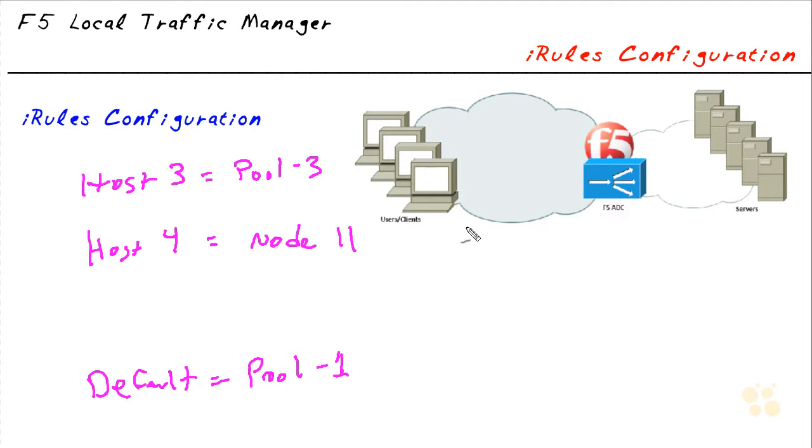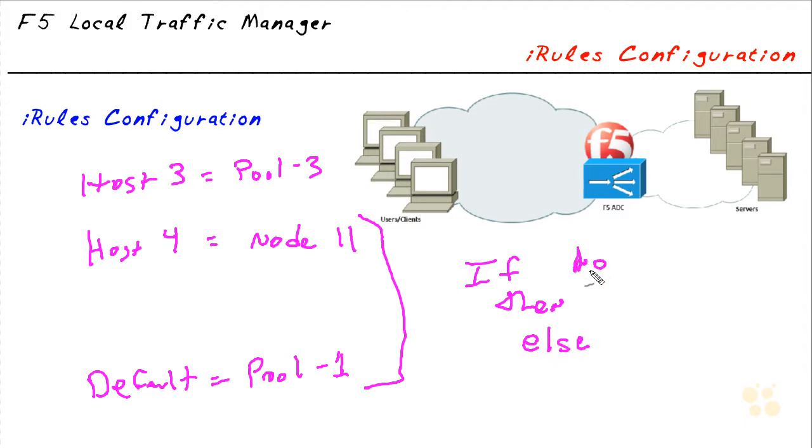We'll also see how we can have multiple iRules going on, but remember to follow the logic. In the particular one we just did, we didn't treat anything with the default. We had an if, then, and an else. So if host 4, then node 11, else pool 1.